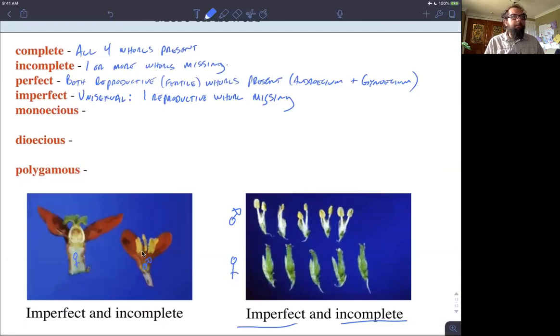When flowers are imperfect, they can be arranged either on separate plants, or we could have unisexual flowers arranged on the same plant. And so in this situation, we call these either monoecious or dioecious. So monoecious are imperfect flowers where we have separate male and female flowers on the same individual.